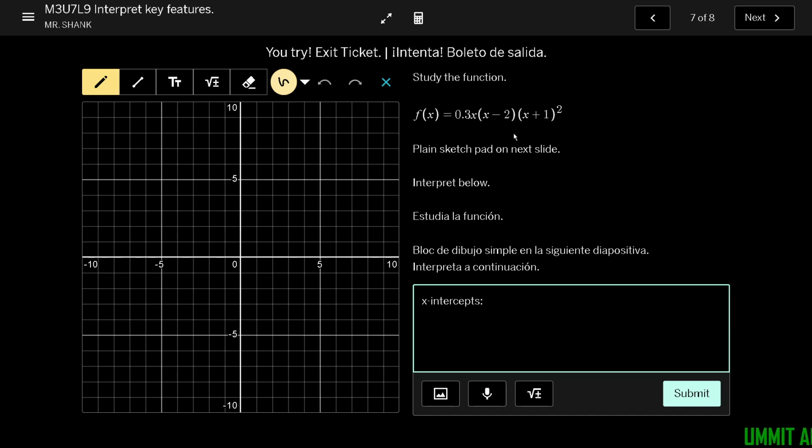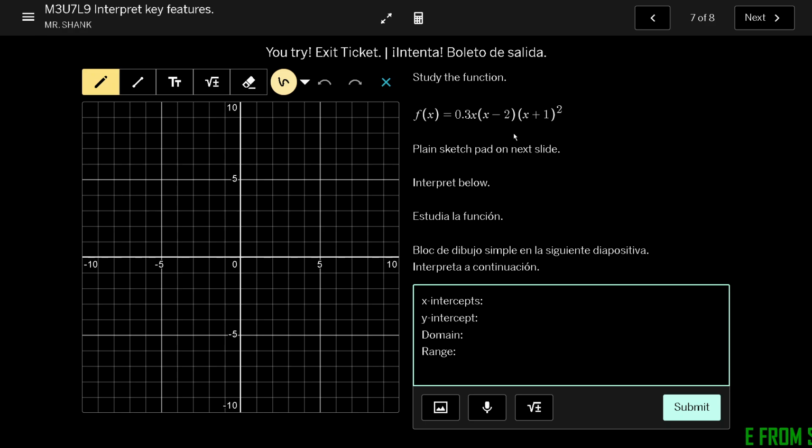Again, make sure you write if it's a single root or a double root next to it. Then we could say, what's our y-intercept? Again, when x equals 0. What is our domain? What is our range? What is our leading coefficient?